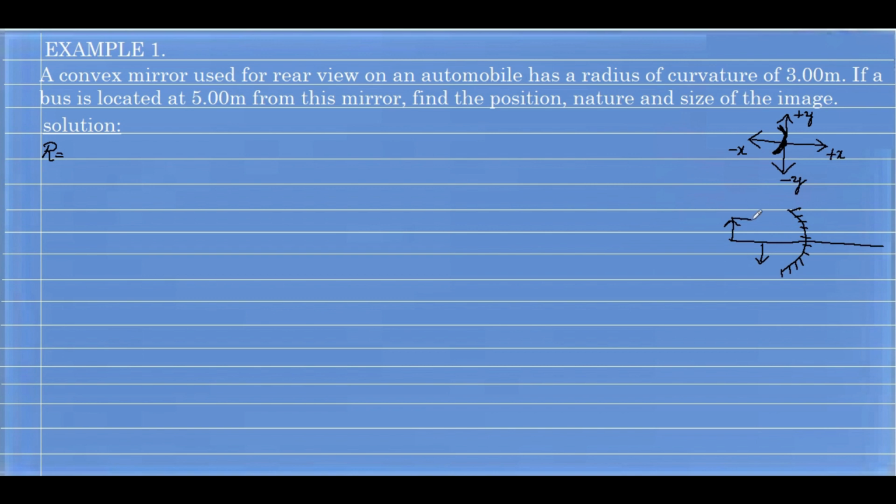Here an incident ray passes, hits the mirror and moves through the principal focus. Another ray passing through the principal focus hits the mirror and goes parallel; the reflected ray will be parallel to the principal axis. This is the way of representation. The image will form here.